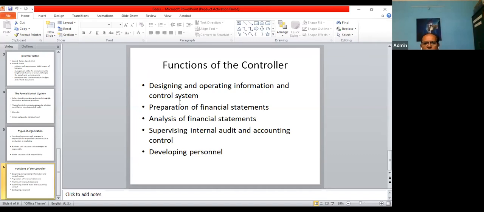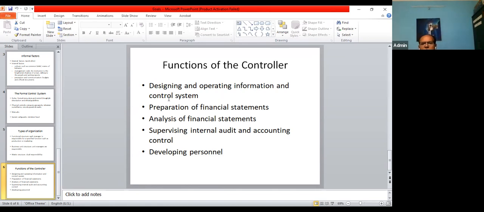This is the job and responsibility of the controller, who will have to design the entire operating information: how to operate a particular product, how to use that product, with each and every detail prepared stepwise.